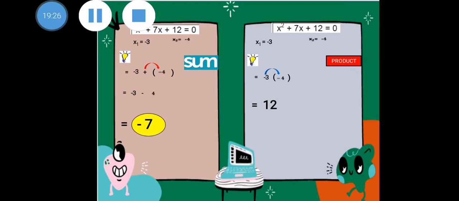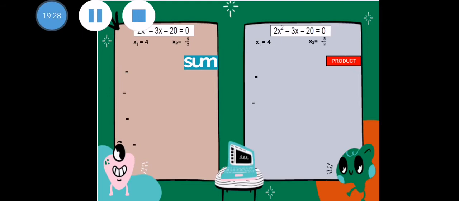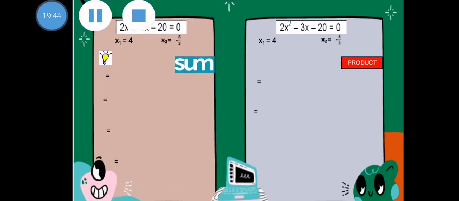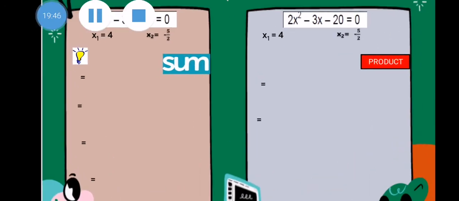Okay? Next, second example tayo. First root is positive 4, second root is negative 5 over 2. So, ngayon po, kapag nag-add naman tayo ng fraction, ang gagawin natin ay alamin ang LCD. No, kukunin natin ang LCD.